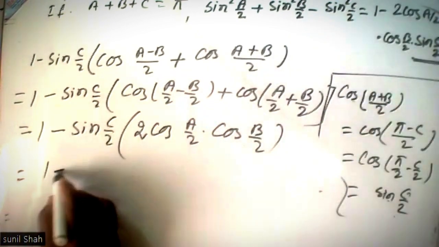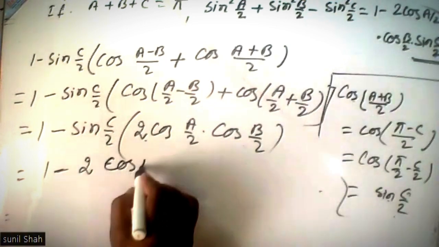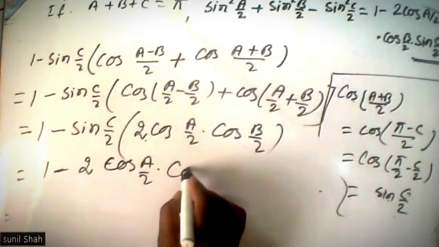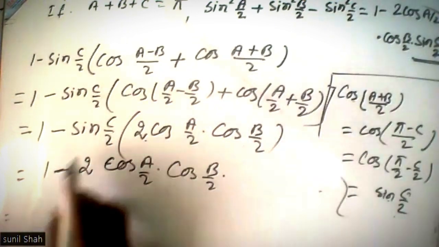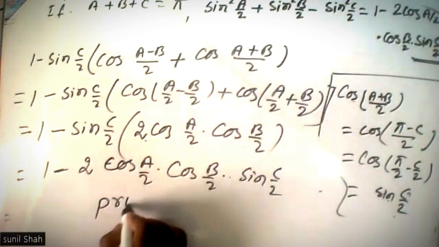So we have 1 minus 2, 2 is brought forward here, 2 cos A by 2, write in order, cos B by 2 according to the angle, and then sin C by 2. Proved.